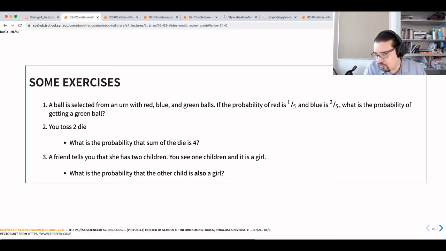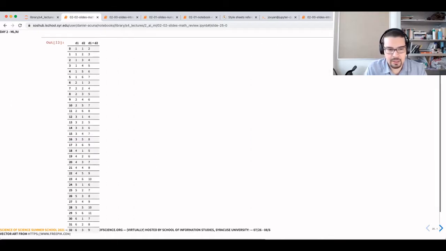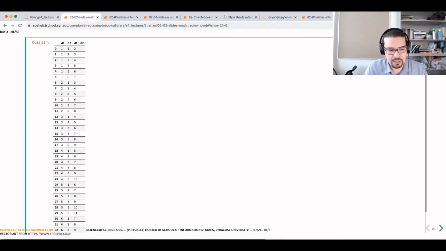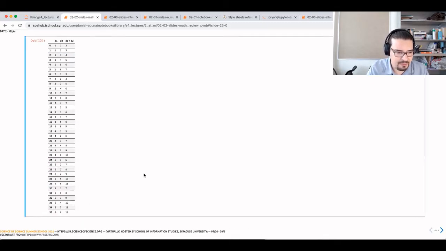So the easiest way of doing this is to think about listing all possible combinations. Each die has 6 faces, so we have 36 possible outcomes in our experiment, just 6 times 6. And you can just list all of them. Now it fits on the screen.